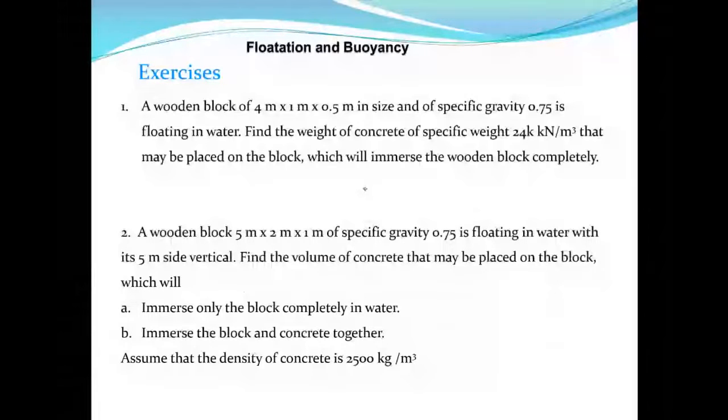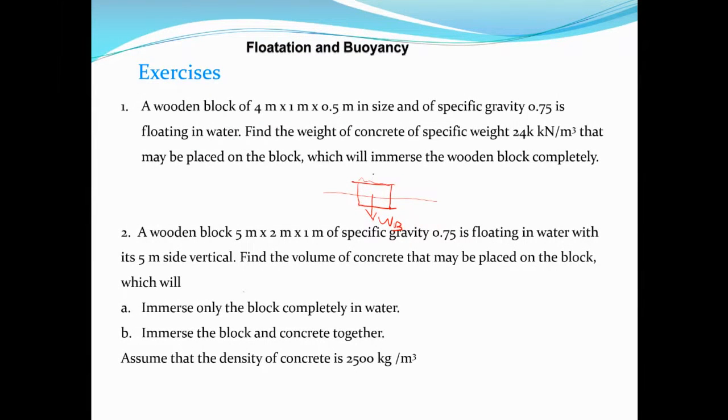You have the wooden block, which is floating in water. So find the weight of the concrete that may be placed on the block. You have the weight of the block, WB, and we want to find the weight of the concrete.